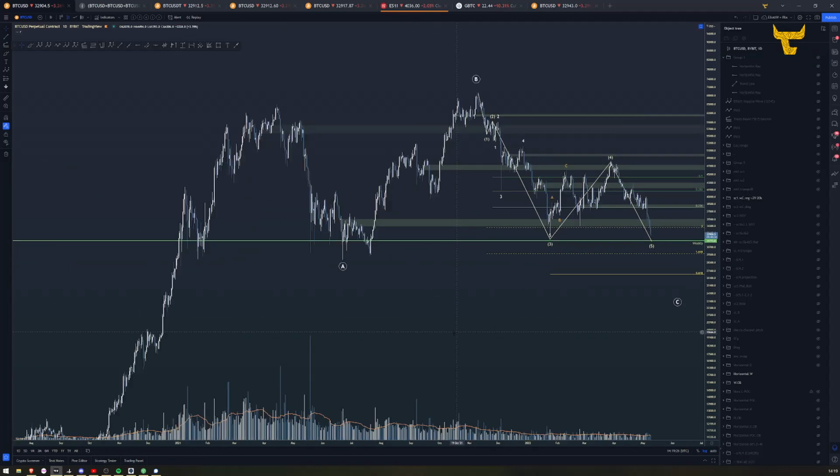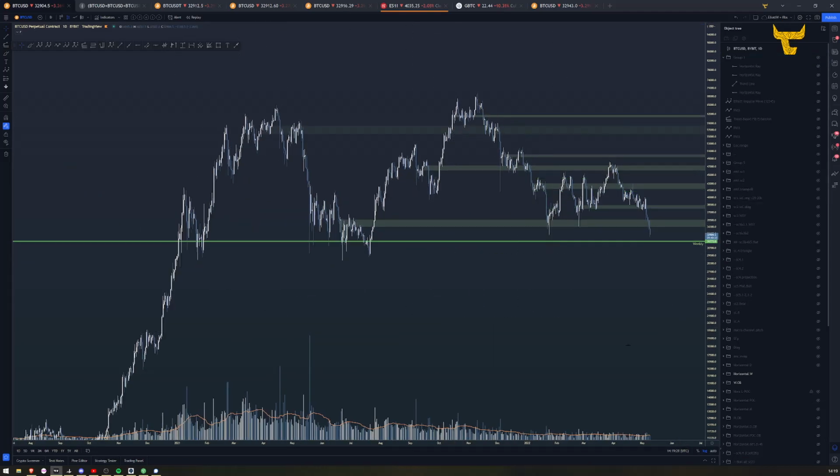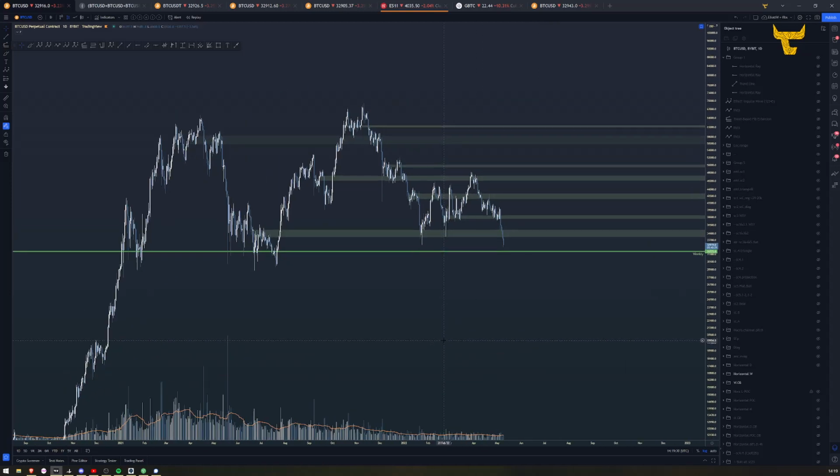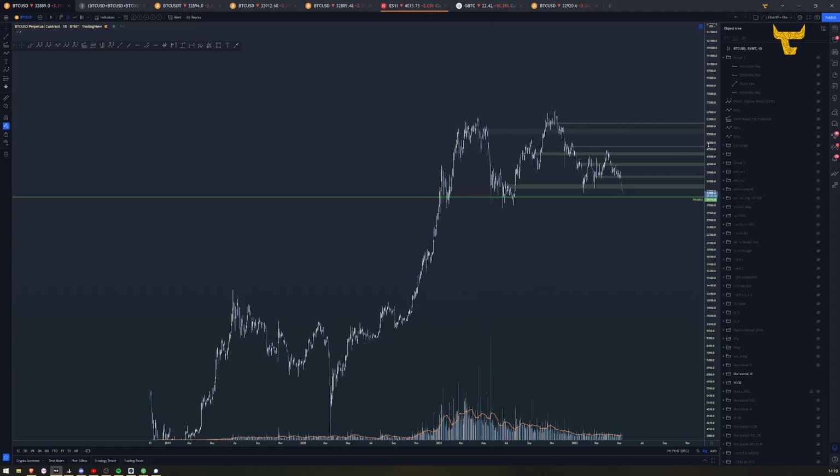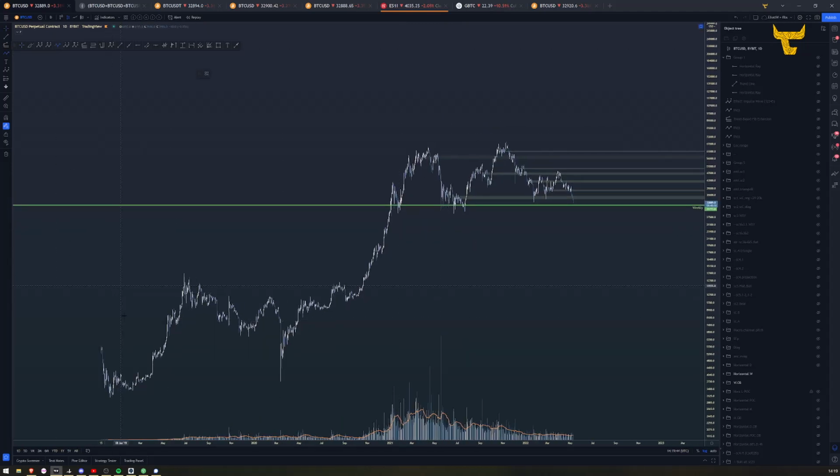So that's the main ideas. Should I talk about the most bearish one? I don't feel it's needed, but I talked about it a few times that I'm pretty sure we have our wave 1 and 2 here and a 3 here, and I'm really confident that we are still in a wave 4.